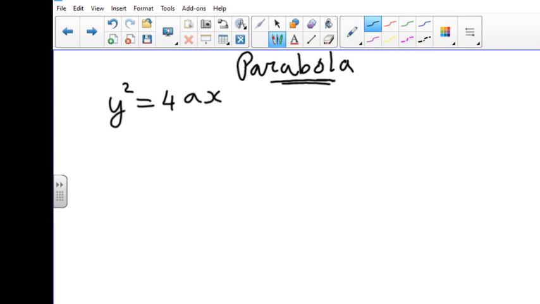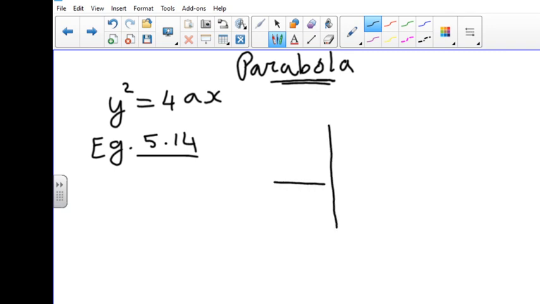So now we'll first see the example. Example 5.14. Find the length of the latus rectum of the parabola y square is equal to 4ax. So this parabola is open. This is the x-axis, this is the y-axis.